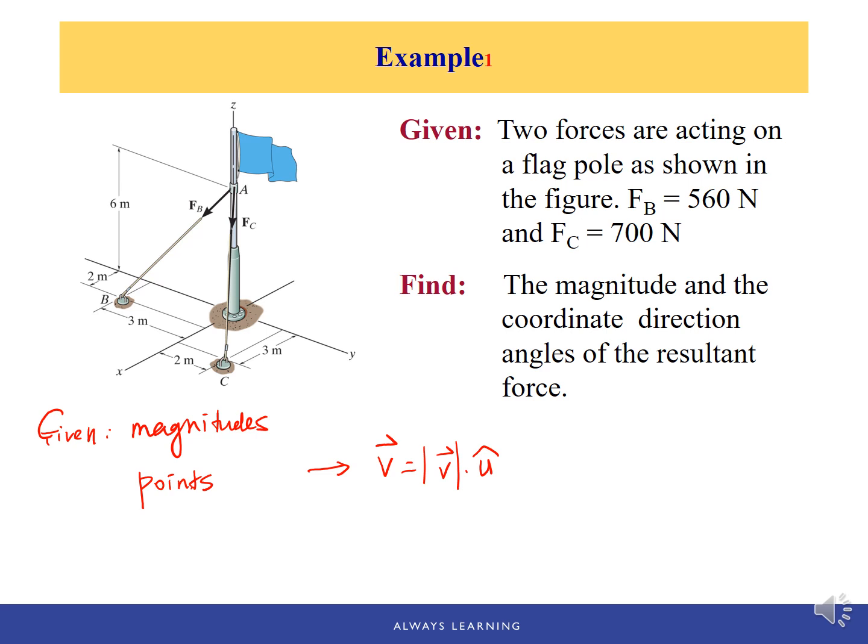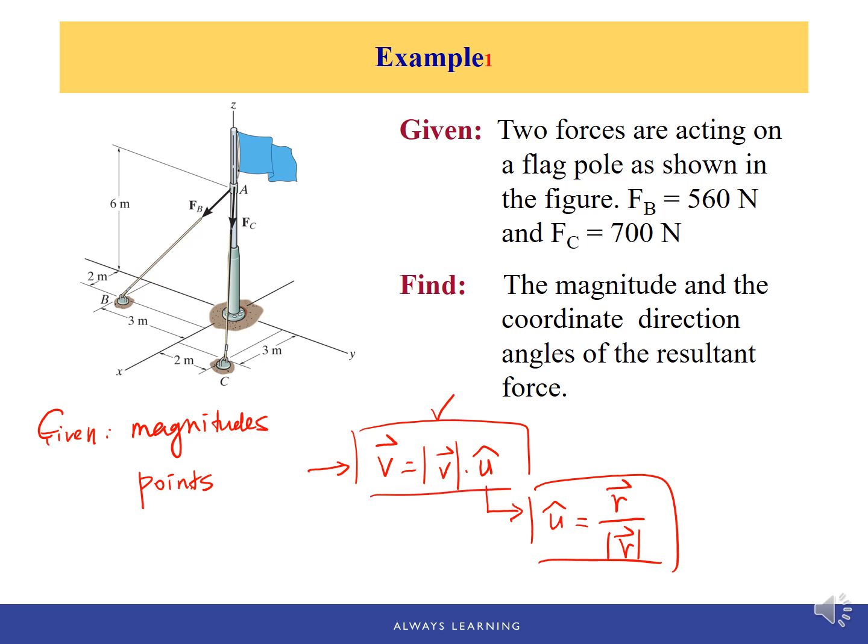Since the magnitude is given, the only information you need to look for is the unit vector. The unit vector will be directed from the points on the line of action. So the unit vector will equal one position vector defined by the 2 points divided by the magnitude of the position vector. And you plug this unit vector back into the formula you've chosen. You can write the vector in Cartesian vector form.